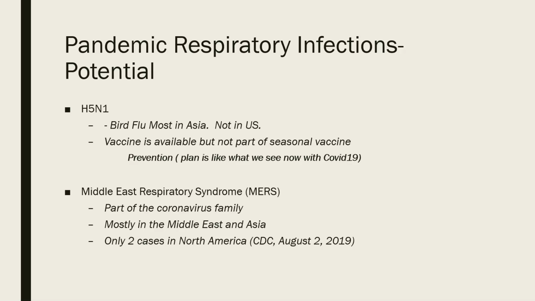And I was curious, since the copyright of our book is 2016, has it been seen in the U.S. since? I looked on the CDC website on Friday, and it has not been seen here in the United States. What's interesting is there is a vaccine available, but it is not part of our seasonal vaccine because it has not been seen here in the United States.